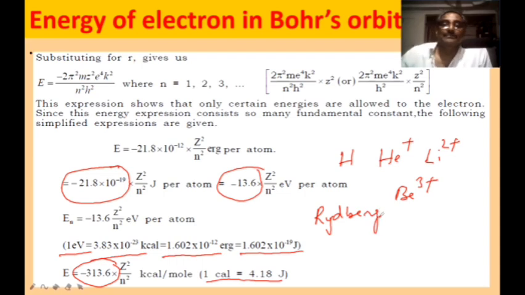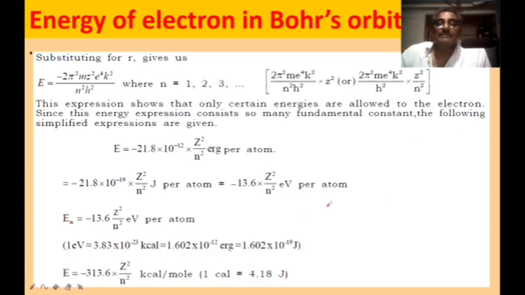In order to get the energy of second orbit, we need to take N is equal to 2 in this equation. Suppose energy of first orbit in the hydrogen atom is minus 13.6 electron volts. What would be the energy of second orbit in the hydrogen atom?